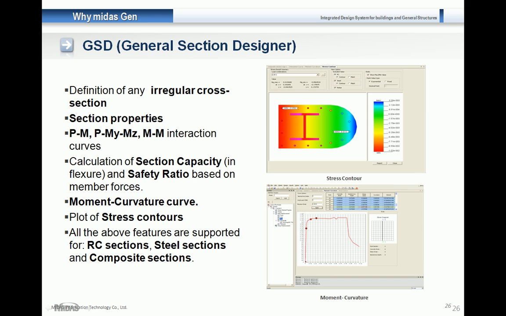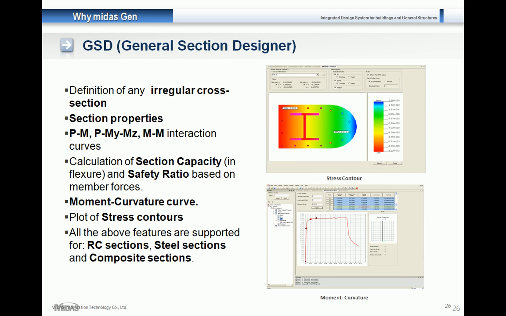So GSD defines any irregular cross section, and it is applicable for RC, steel, and composite section. Also, GSD provides section property and moment curve and PM, PMY, and PMZ, and MM interaction curve.